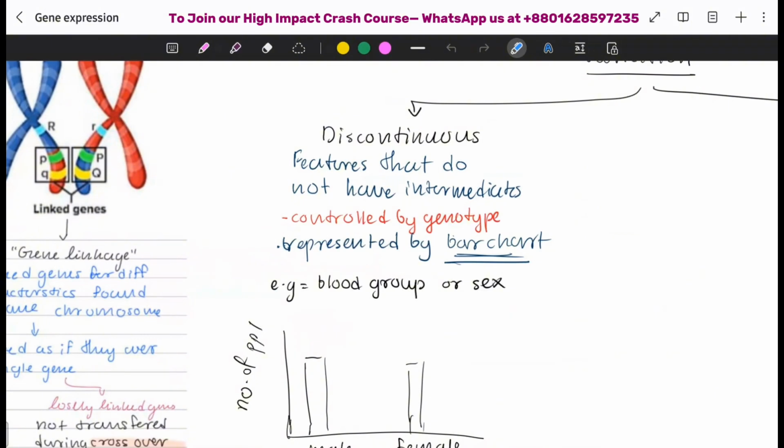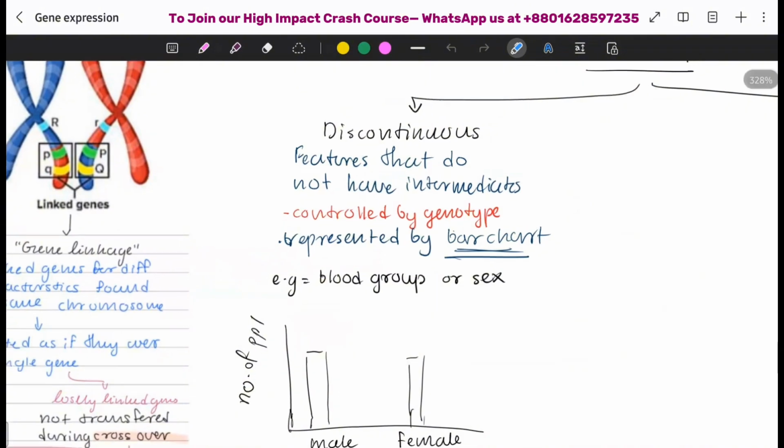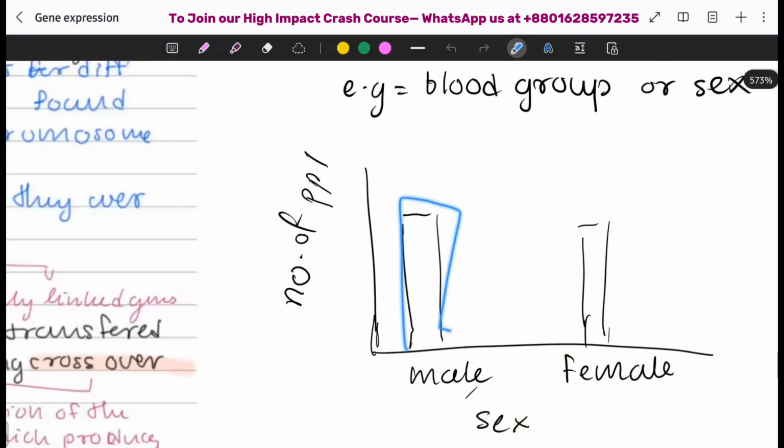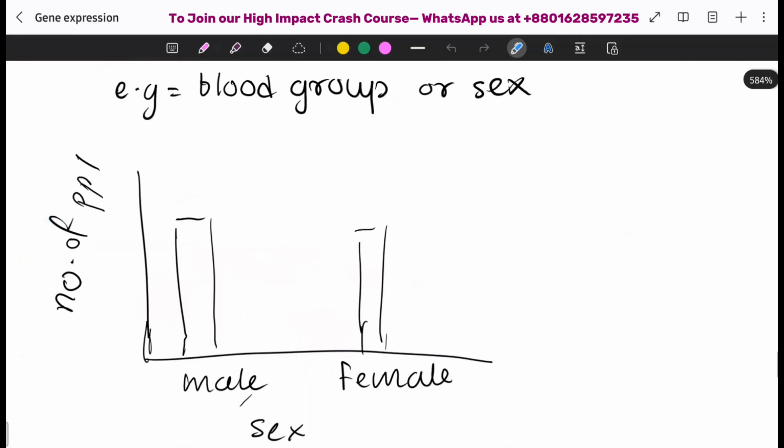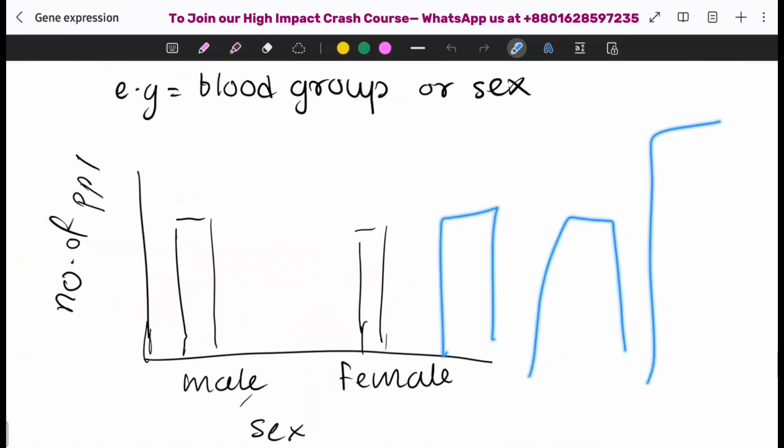It is controlled by the genotype and represented by a bar chart. So we have a bar chart here for male and female. If it was blood group, it would be A, B, AB, O, something like that.